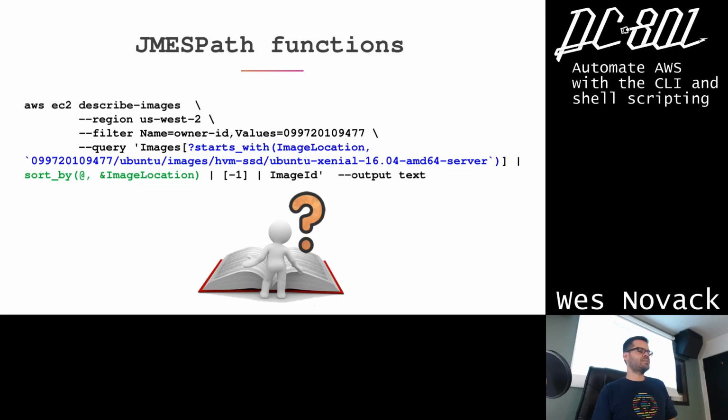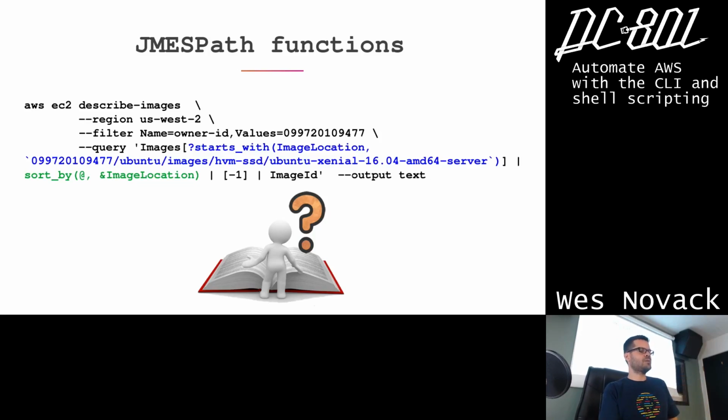Okay, so the --query parameter using JMESPath also supports functions. Again, JMESPath is a full query language. It has functions that allow you to manipulate that JSON even further, and rename things, order things, sort things.